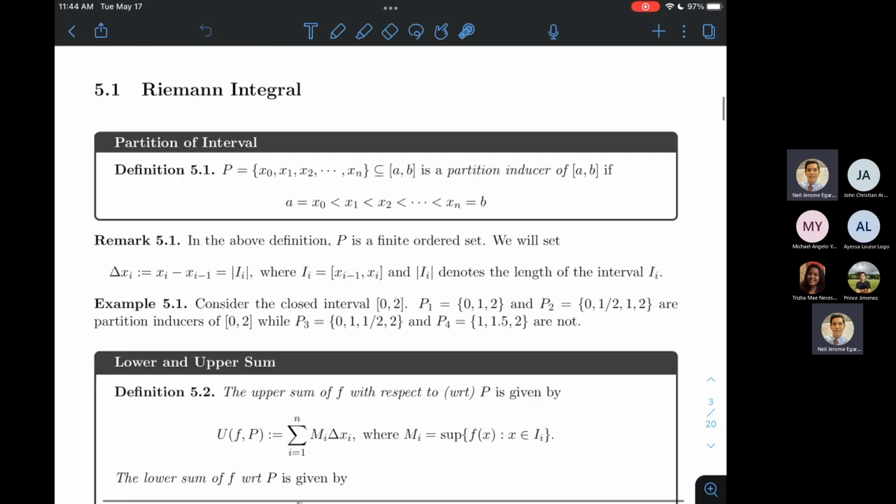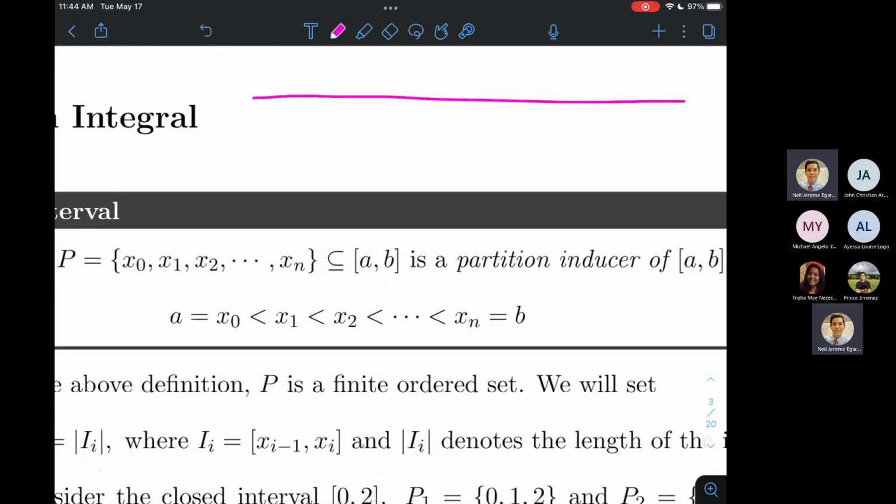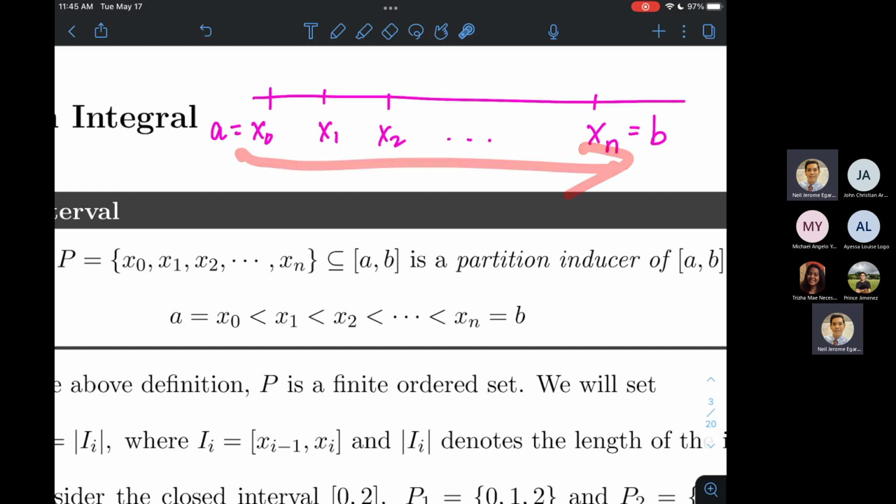So magiging partition inducer siya kapag ka meron kang yung set x0, x1, x2 hanggang kay xn ay magiging isang partition inducer ni closed interval AB if A is equal to x sub 0 and B is equal to xn, and the smaller the subscript, the smaller the number is. So dapat talaga naka-order sila pag ganun.